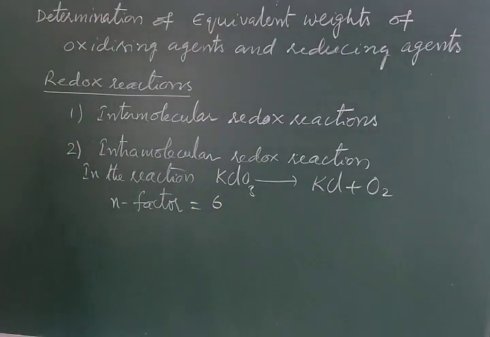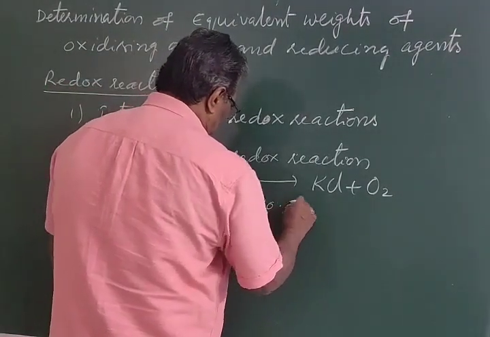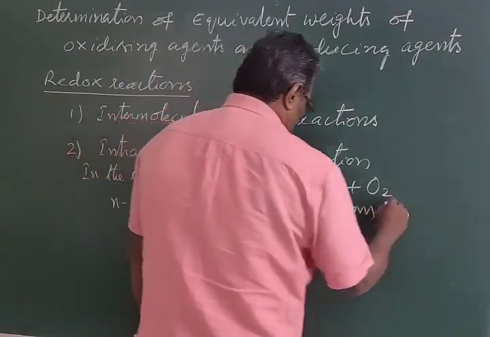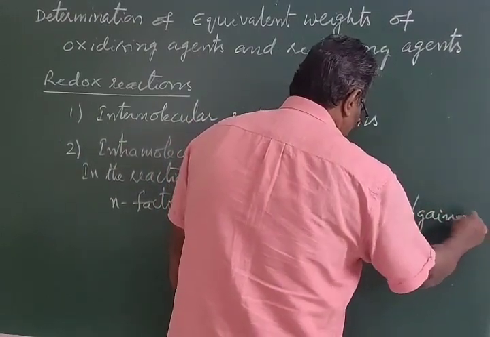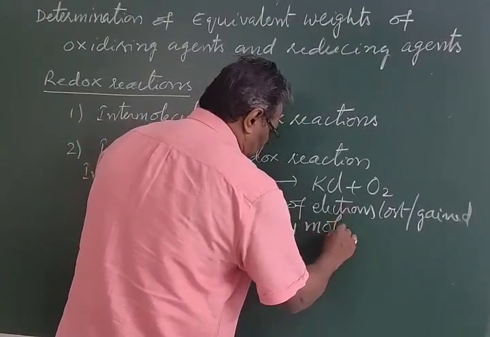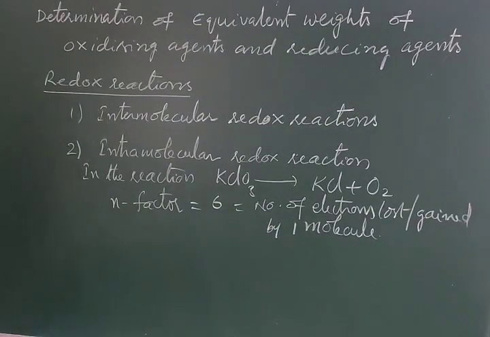That is the number of electrons lost or gained by one molecule. That is the way of finding the N factor.